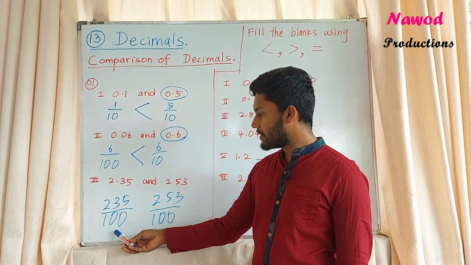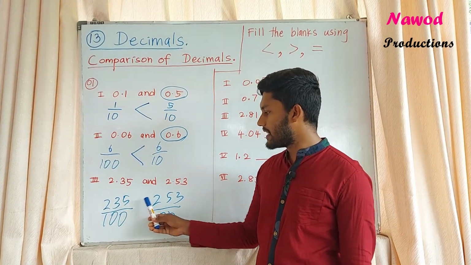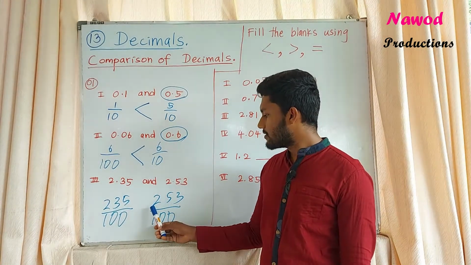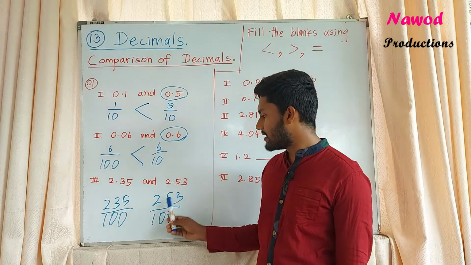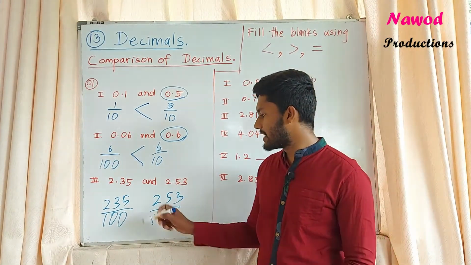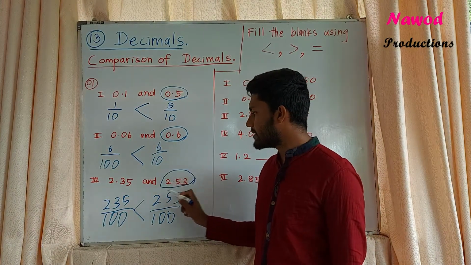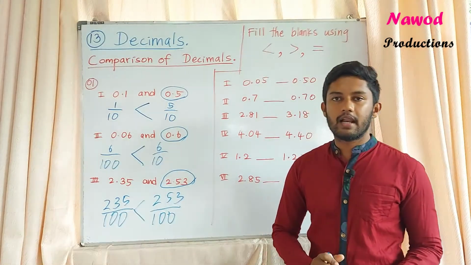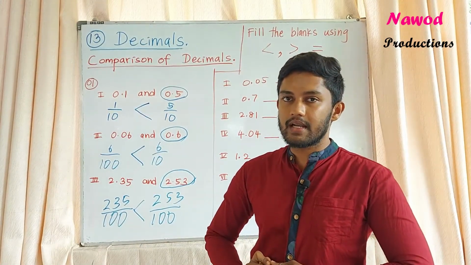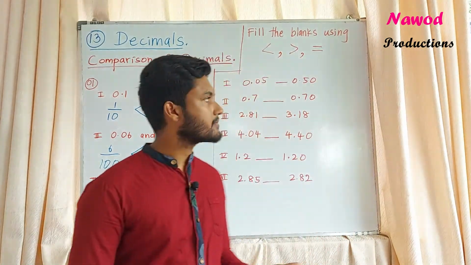When the two denominators are equal, when the number of toffees is increasing, the value increases. Then 2.53, or else 253 over 100, is bigger. 2.53 is bigger than 2.35. Likewise, you can understand how to compare the decimals by converting them into fractions.